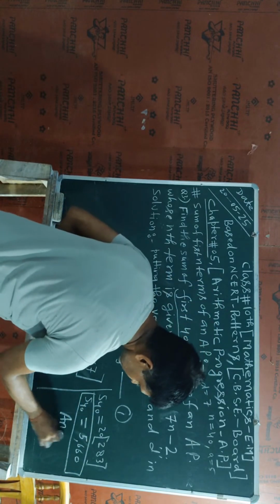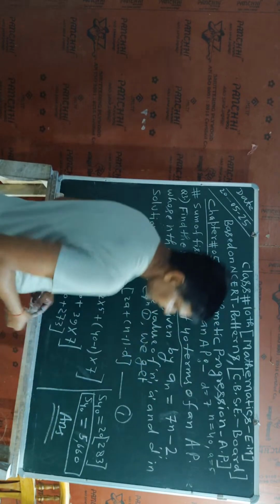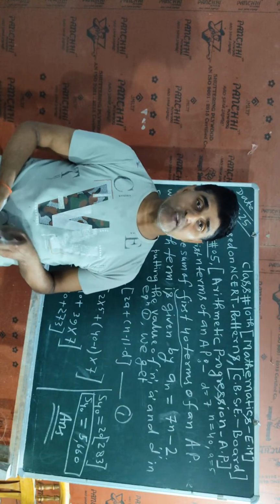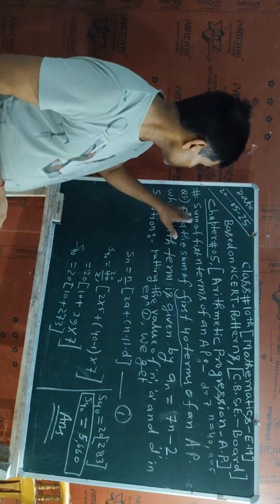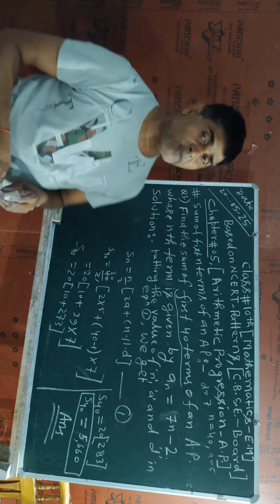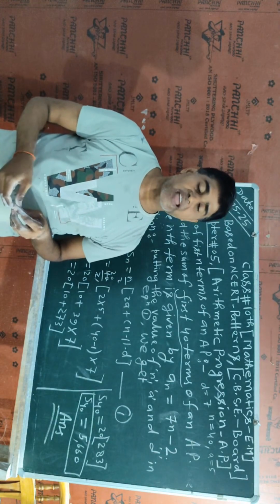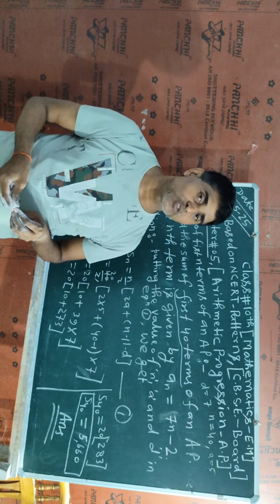Okay students, so according to this way I can solve any question which is based on the sum of first n terms of an arithmetic progression. And again I am going to explain the concept of arithmetic progression.